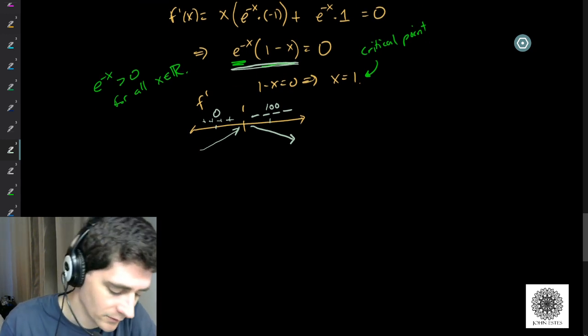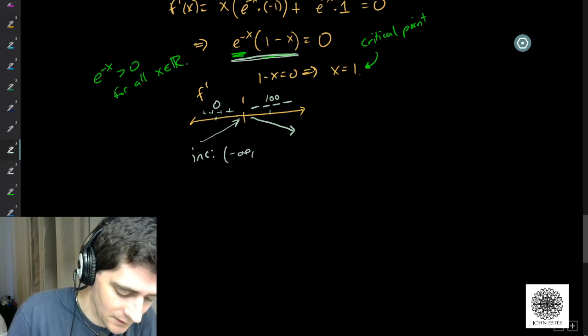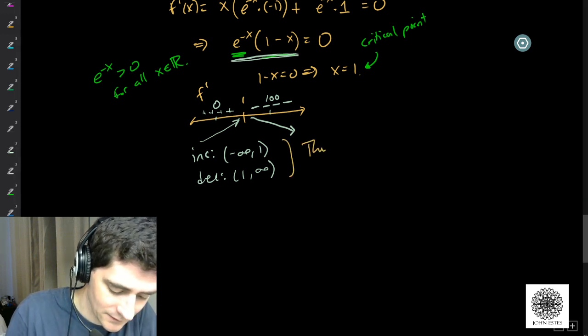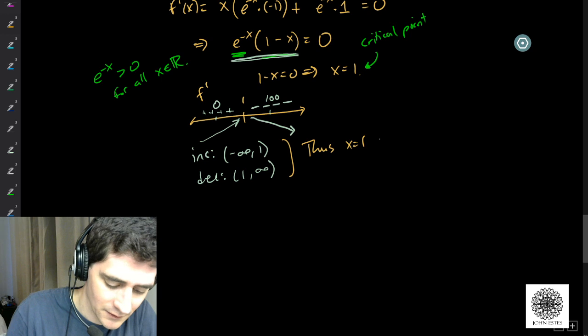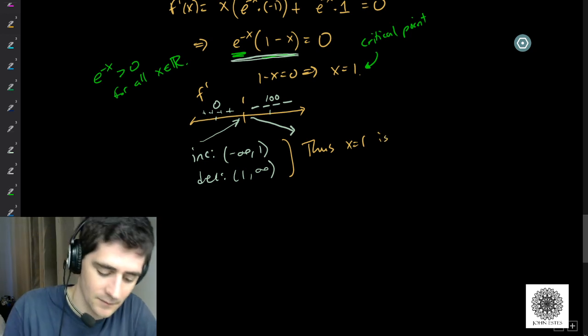So we could say it like this: we're increasing from negative infinity to 1 and decreasing from 1 to infinity. Logic would dictate then that, thus, x equals 1 is where my absolute max is.